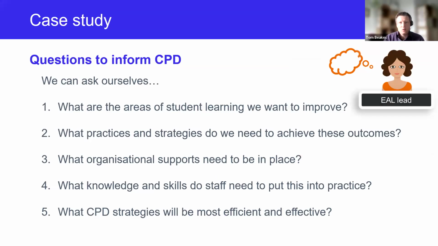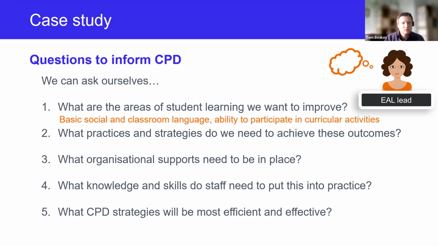And if we go back to the questions we looked at earlier, in terms of our EAL lead here, thinking ahead and planning, looking at the challenges she's faced with, she might respond to these questions something like this. So in terms of the areas of student learning, she wants to improve basic social and classroom language and the ability to participate in those curricular activities. The strategies they might need would be exploiting home languages, using visual supports, and providing comprehensible input, especially in instruction giving.